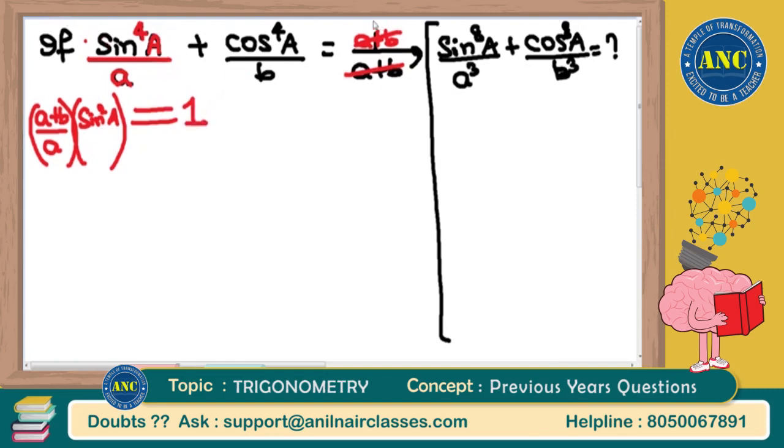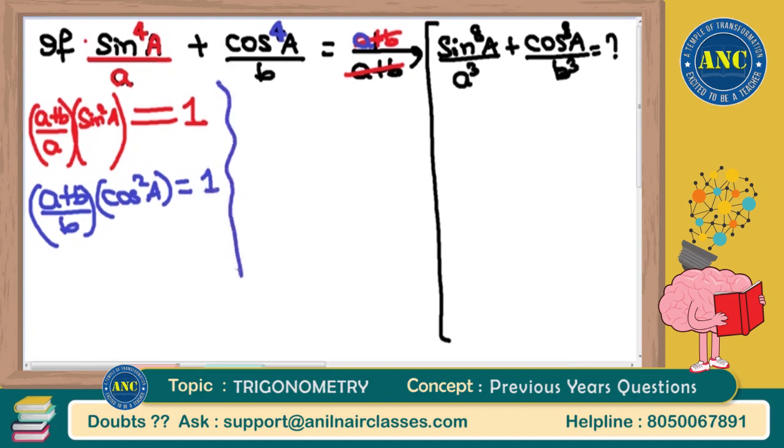Similarly, I am writing slightly directly, assuming my students have understood from the last 3 problems. This term also I should multiply with a plus b, so I write a plus b divided by b. I want cos square a equal to 1. Cos power 4 a, I will write as cos square a, and another cos square a I will keep as it is. This coefficient is also 1.